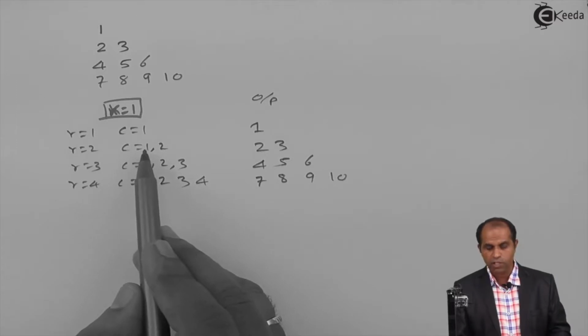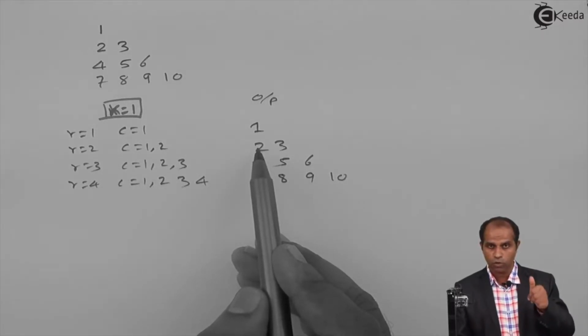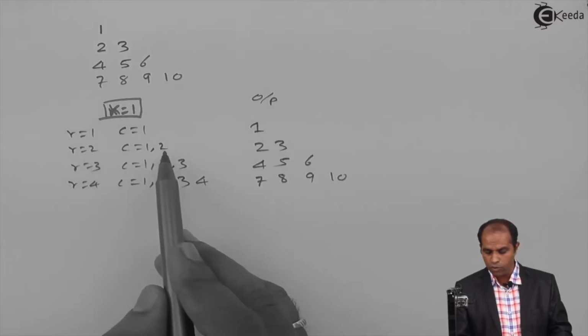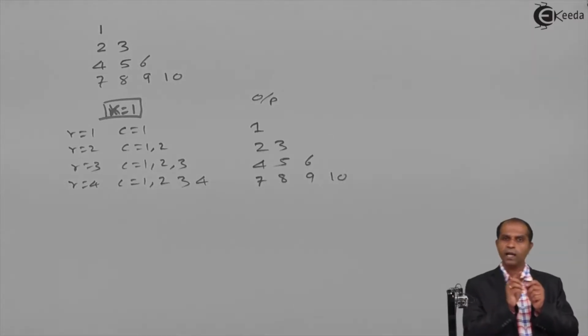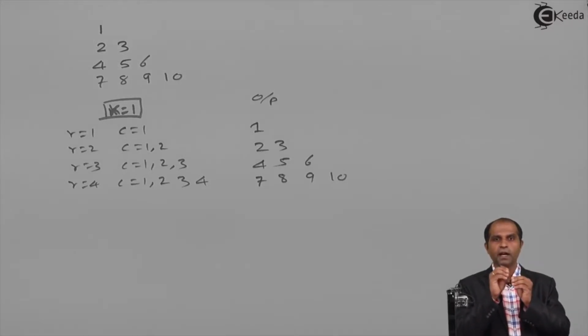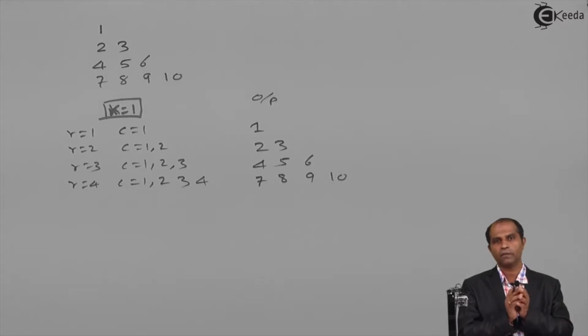When R is 2, C is 1, I will print the value of K. K is what? 2. Print 2 and then change the value of K to 3. When R is 2, C is 2, print the value of K. K is now 3, and after that change it to the next value. So it means that when R and C are working together as per the pattern operations, you are supposed to just print the value of K and keep on incrementing the value of K.